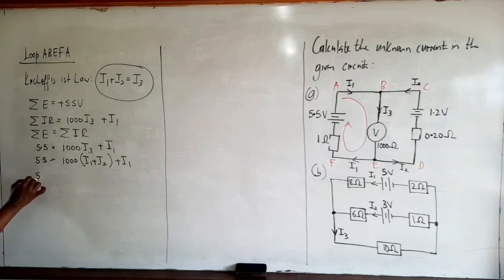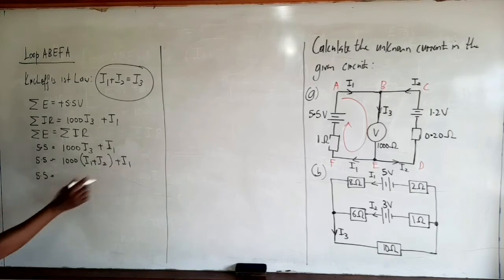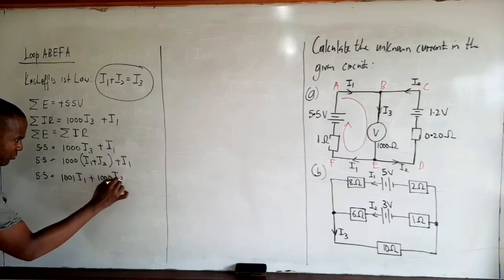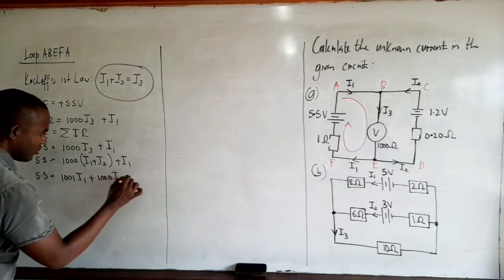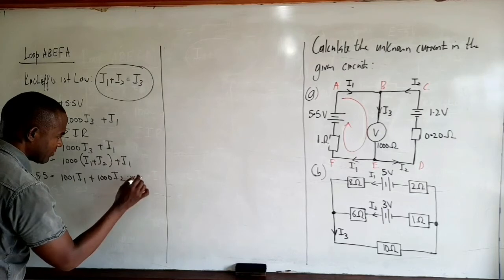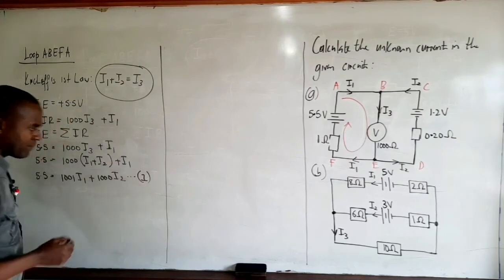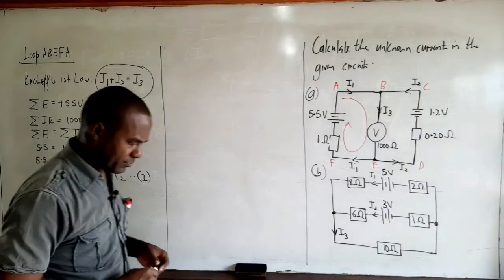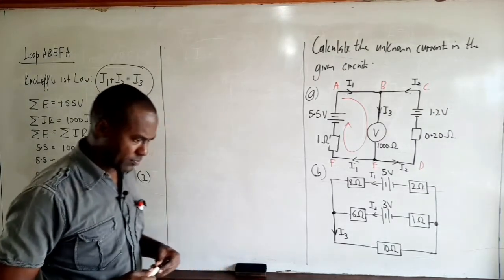What we get is this: 5.5 is equal to 1000 I1 plus I1, that is 1001 I1 plus 1000 I2. And this is our first equation, equation 1.